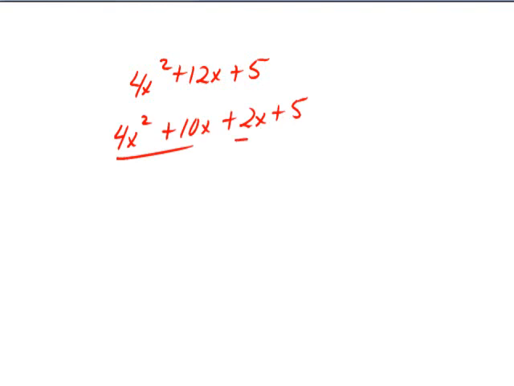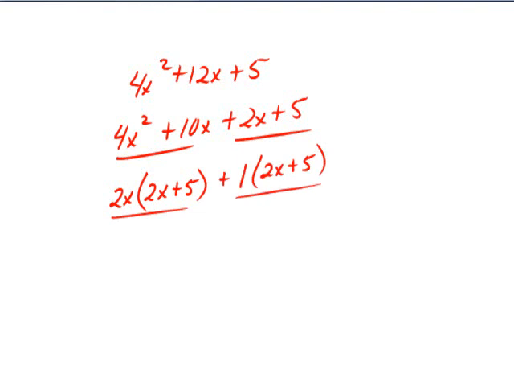Then if we factor by grouping, I can factor out 2x from the first two terms and factor 1 out of the last two terms, and I have two parts that both share 2x plus 5 as a common factor. If I factor that out, my other factor is 2x plus 1, and I have the same factoring that I did before. If you want to check this, you can multiply these two factors to see if they equal 4x squared plus 12x plus 5.